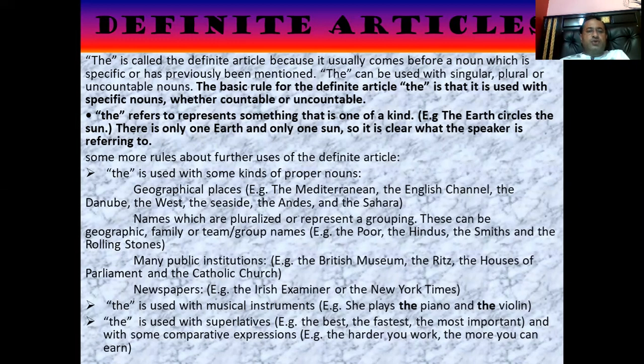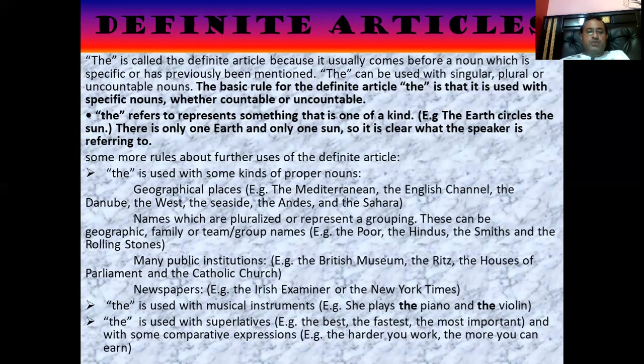The is also used with some kinds of proper nouns, like geographic places: the Mediterranean Sea, the English Channel, the Danube, the West, the seaside. All these are proper nouns, so the is being used. Names which are pluralized or represent a grouping, whether geographic, family or team group names, also take the: the poor, the Hindu, the Smith, the Rolling Stones.